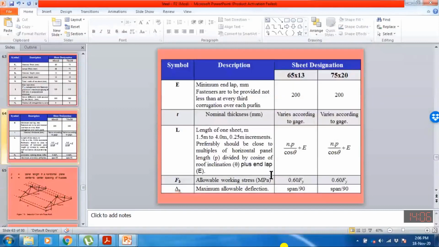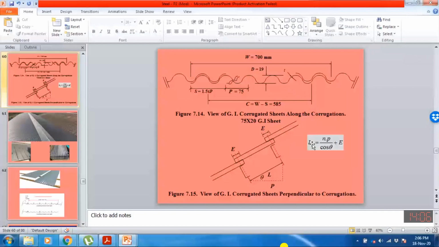If you use the n value 1, you can compute the length required to cover the inclined distance between one panel. Similarly, you can compute this length by considering the n value equal to 2. An n value equal to 2 means you can compute the total inclined length covered between two panels.